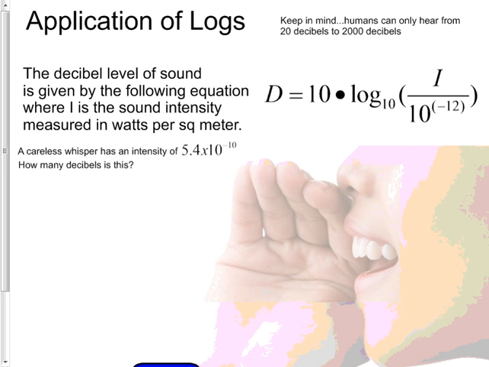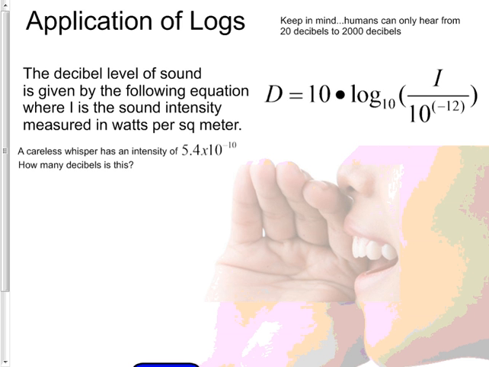That's what logs are good at: taking a range that's so huge, from the quietest noise you can barely hear that you'd have to multiply by 1,000,000 or 100,000,000 to get up to the loudest noise you've ever heard, and bringing it down to a nice simple 10-point scale, or maybe in the case of acids, a scale of 0 to 14 or something like that.